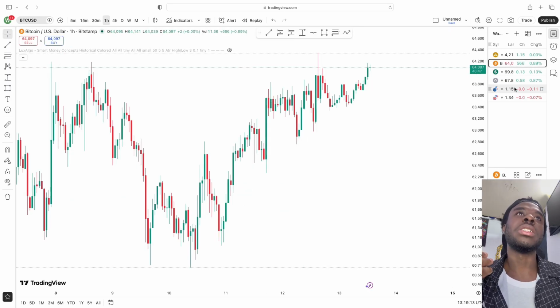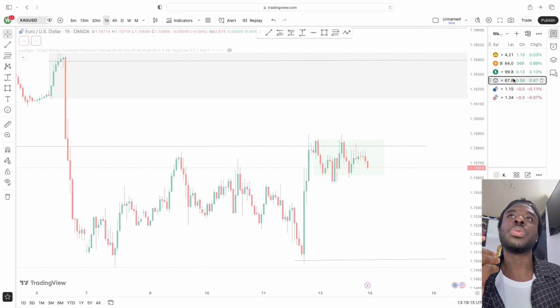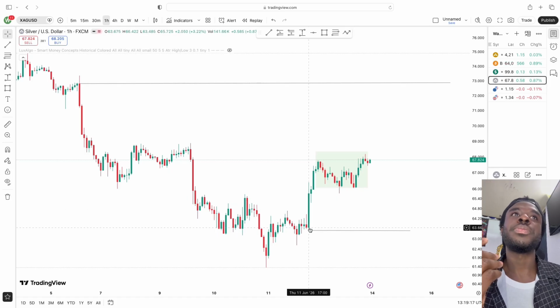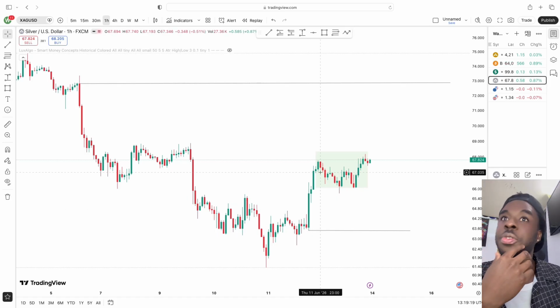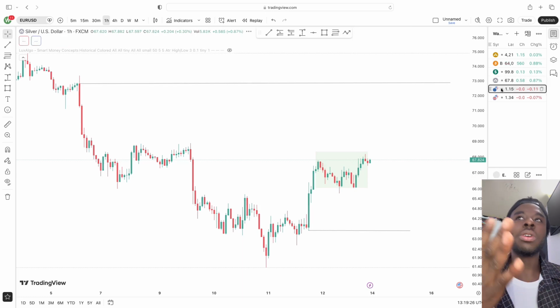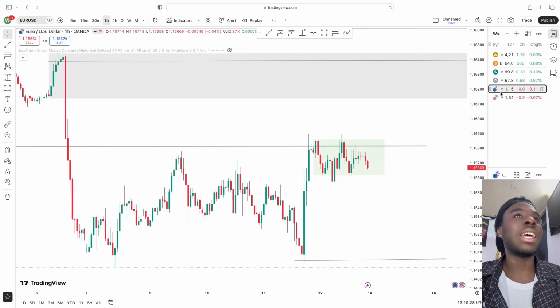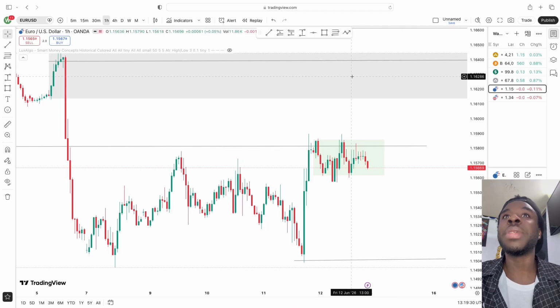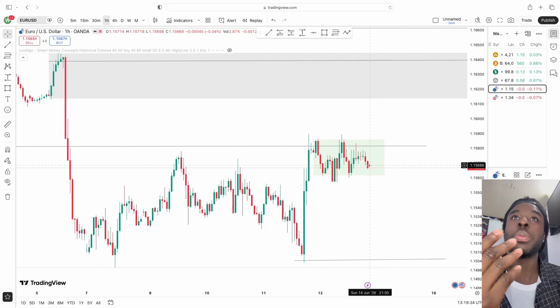Price is consolidating. If you go to this silver, you can see that price also had this big impulsive move to the downside. It's consolidating. So you can see, the same way I analyze for Euro USD, that's the same thing that will happen on gold. Whatever happens on Euro USD, the same thing will happen on gold.